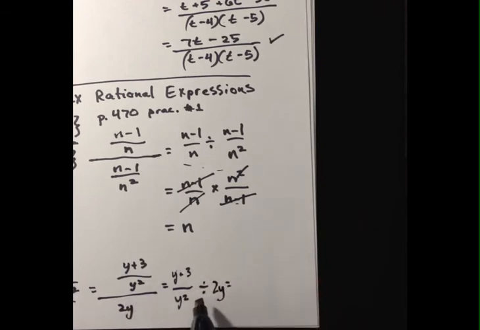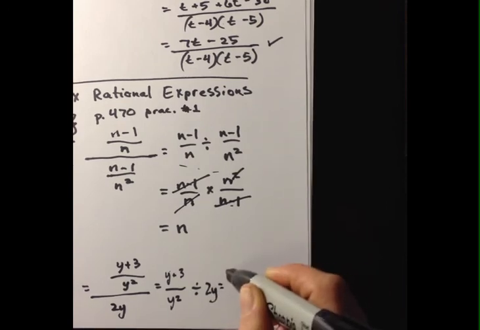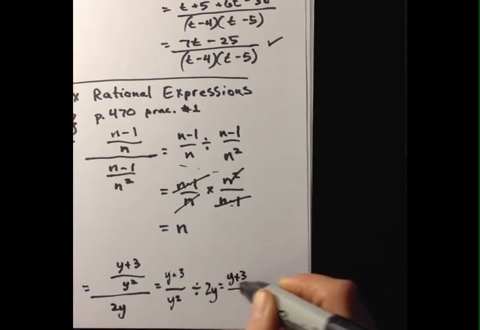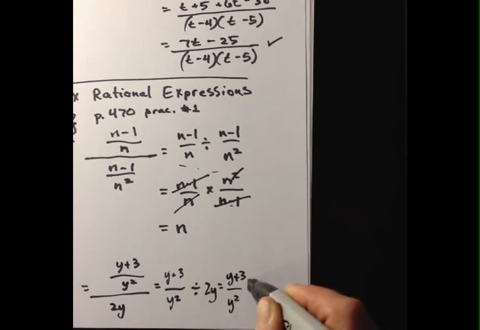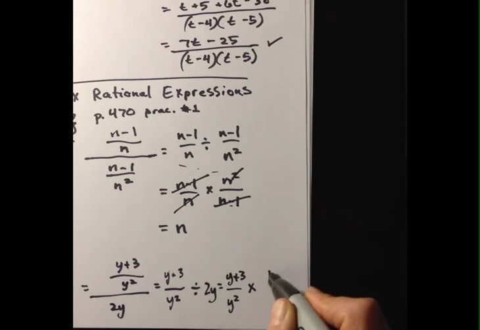And remember, dividing by something is the same thing as multiplying by its reciprocal. So I'm going to flip this upside down. Y plus 3 over y squared times the reciprocal of 2y, which is just 1 over 2y.